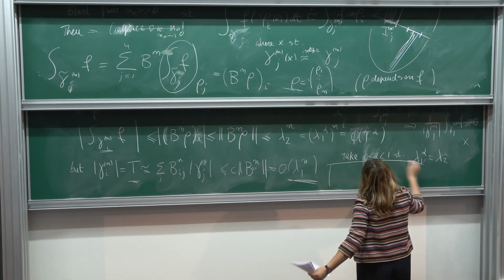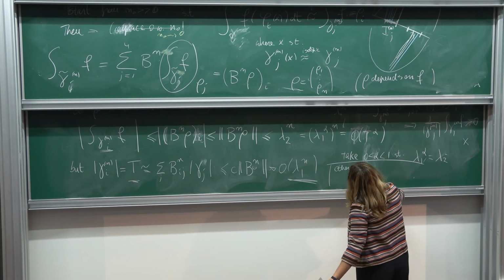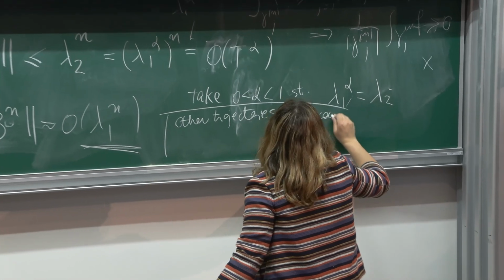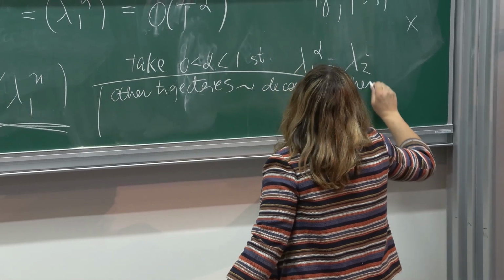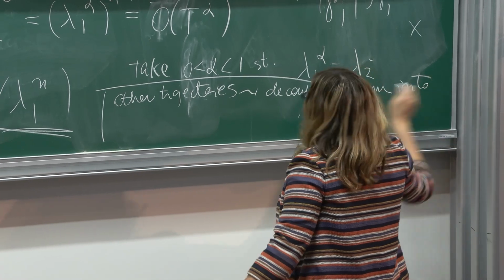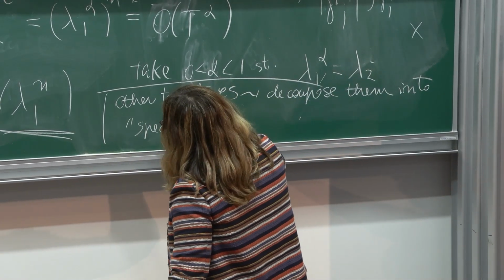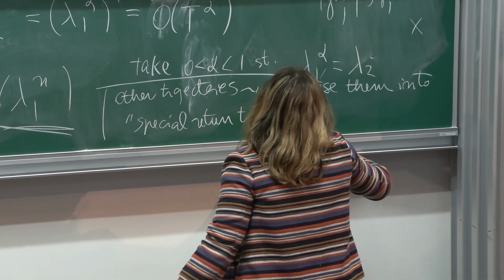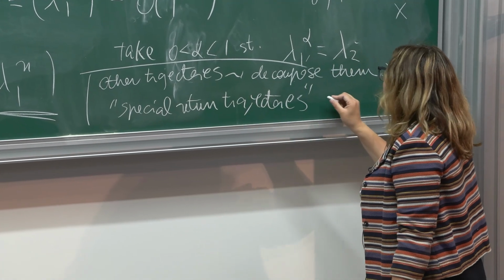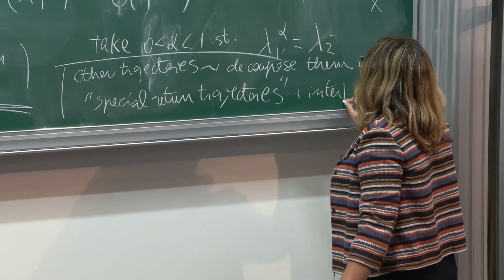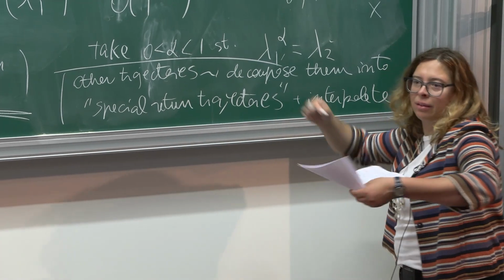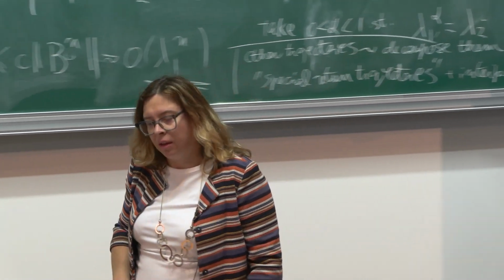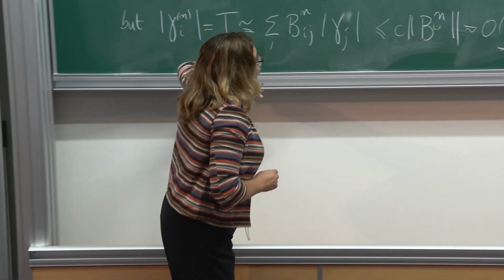So let me just say: other trajectories, there is a good way to decompose them into special return trajectories, and interpolate. And somehow you can study them. I can study also the intermediate integrals by approximating them by the special ones. Okay, so I think it's what I wanted to show you for today.